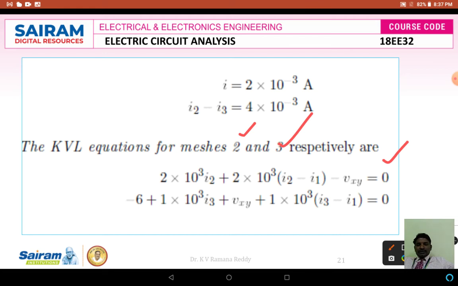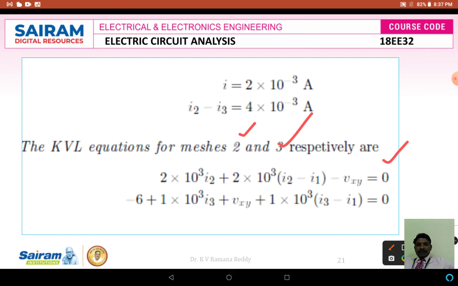Now I am going to simplify this equation: 2 into 10 power 3 I2 plus 2 into 10 power 3 I2, total it is 4 into 10 power 3 I2, and minus 2 into 10 power 3 I1, then minus Vxy is equal to 0.